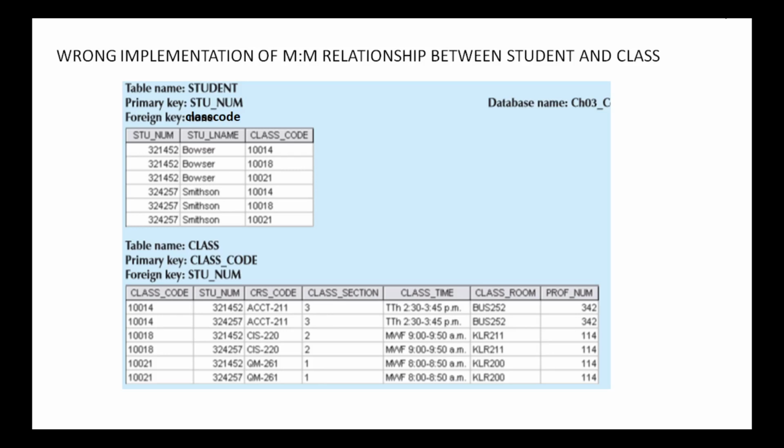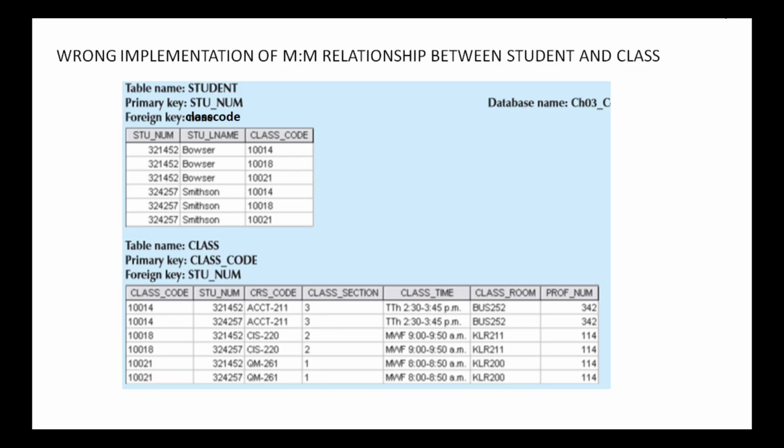Just observe class code. The class code values 10014, 10018, 10021 all exist in the corresponding primary key column of the class table, class code. Just see this class code: we have 10014, 10018, 10021. Only those values can exist in its primary key column.